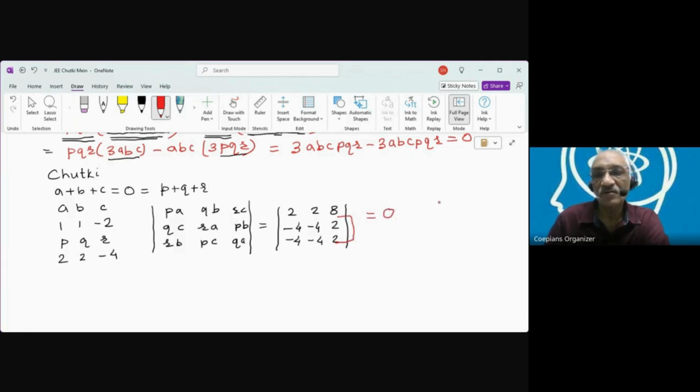So we will be able to straight away figure out that the option is D, none of these. So this is the Chutki wala solution, where we assume some values as long as they meet these conditions. You can take any integers, and find out the determinant. It straight away becomes 0.